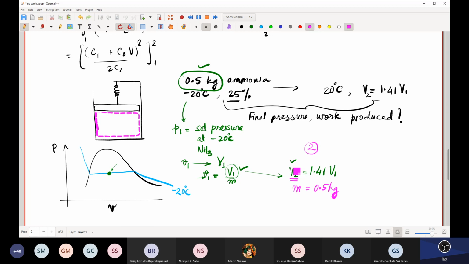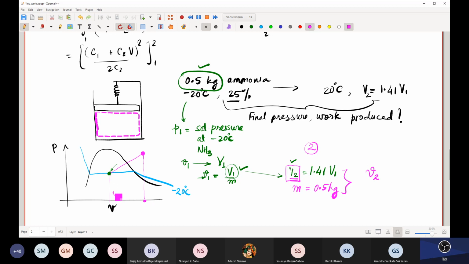So I would now have the information about the total volume and the mass. Using this, I can easily determine the specific volume of point 2, meaning point 2 will be somewhere over here.